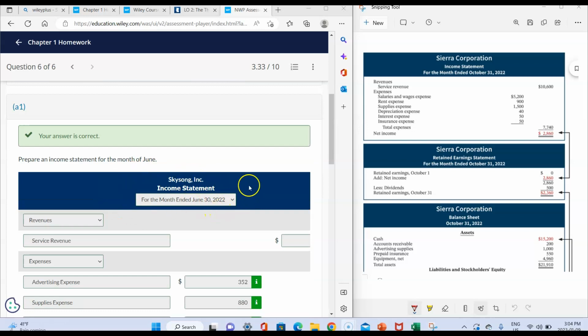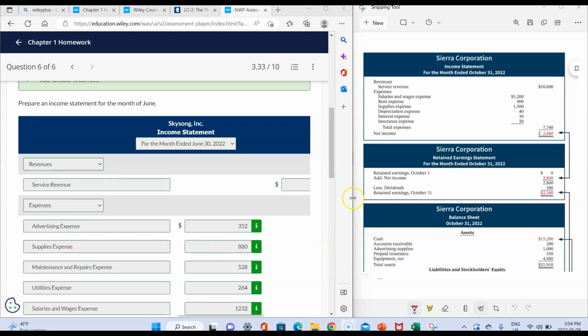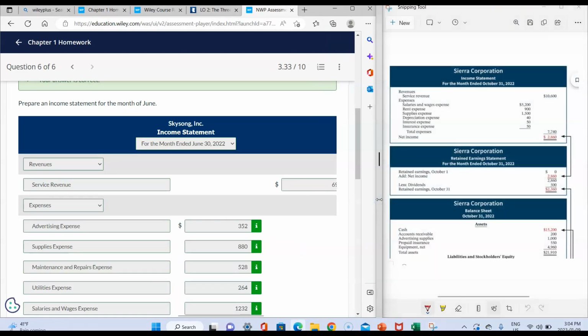It's for a time period. So for this specific question, we're looking at a month period of time. The company's just started.